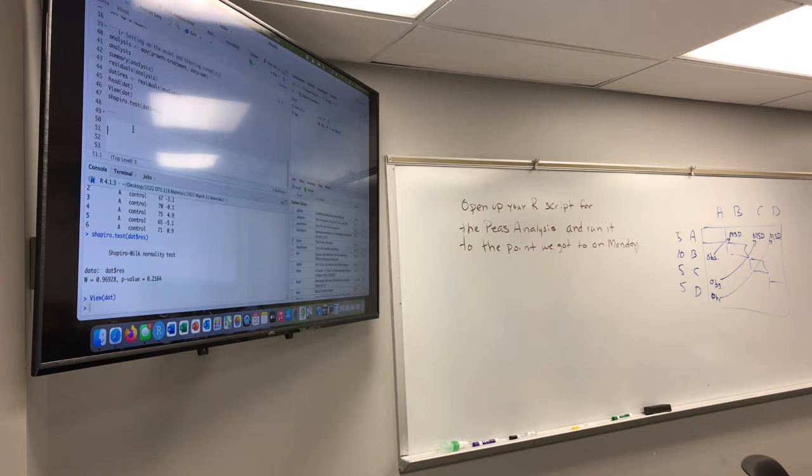Nope, not residuals this time. Mallory, help her out. What's the other assumption that we need to test? It is the homogeneity one. Homogeneity of what? Of variances, yep.